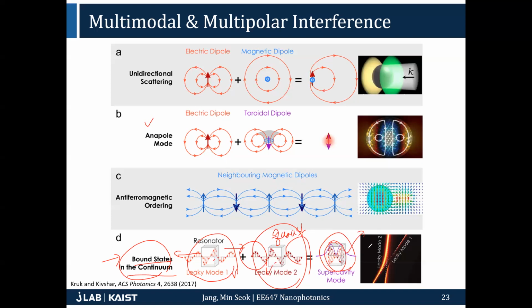It's a bit too complicated, but anyway, this is a really important new topic. And this involves symmetry and topology discussion combined. So I don't want to go too much into the detail, but if you have any question, please ask.